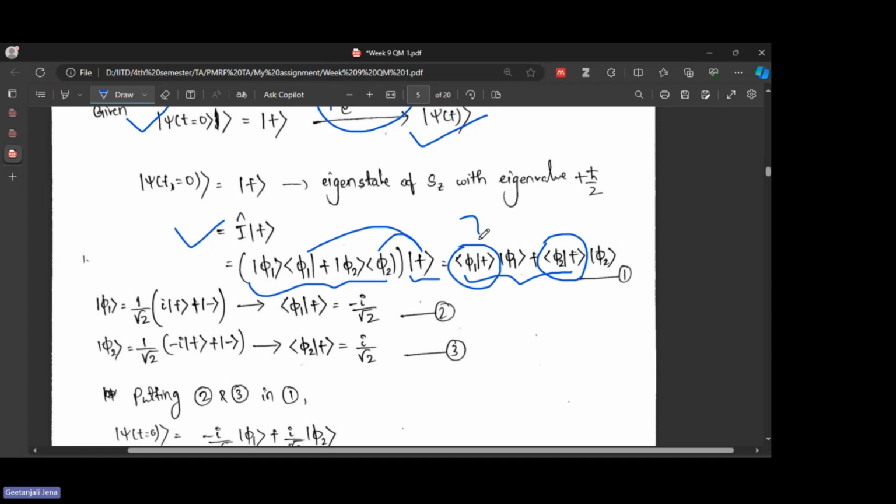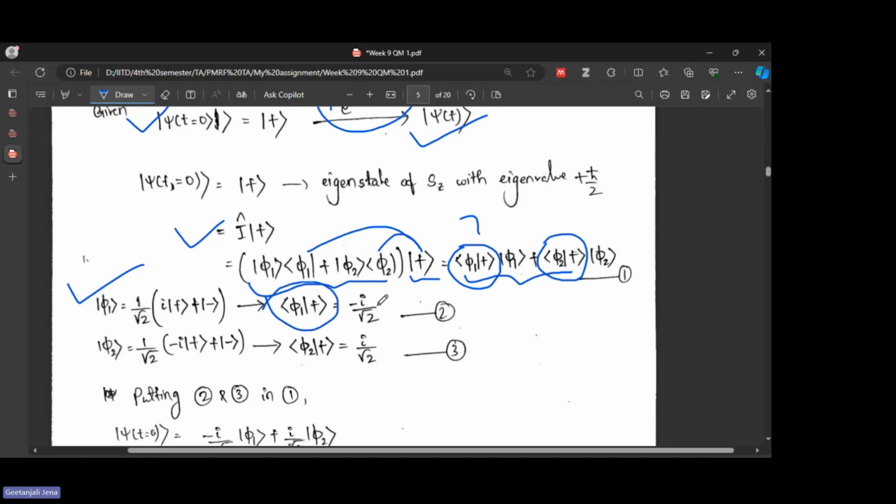You know the expressions for phi 1 and phi 2 in terms of the plus state and the minus state. So the inner product of phi 1 with the plus state and phi 2 with the plus state, you just have to calculate using equations 2 and 3. Phi 1 you already know. You take the bra of phi 1 and take its inner product with the plus state.